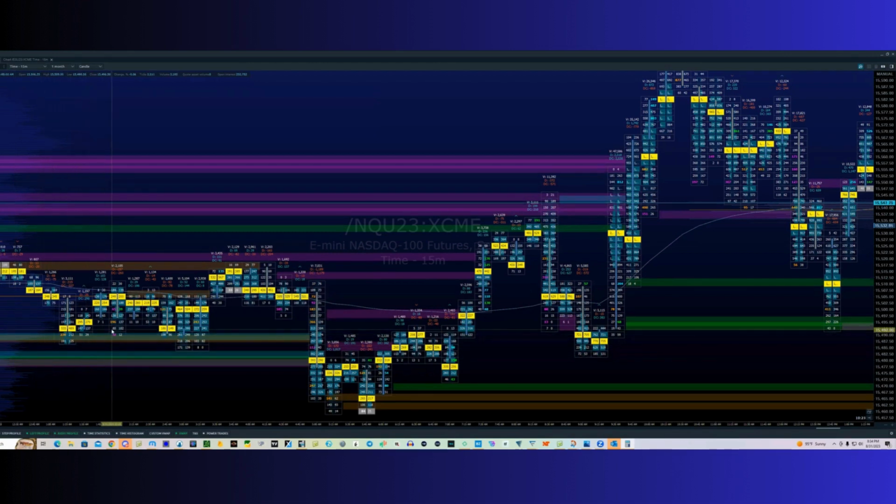Are you talking about this one here? Yeah, from the left. I'm looking at the bar at 6 a.m. Right here. Yes. So why was a buy imbalance zone formed out here?